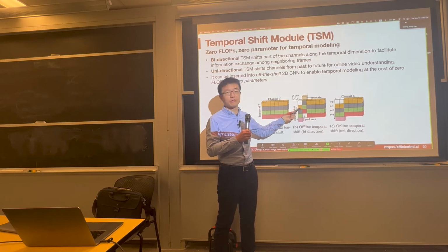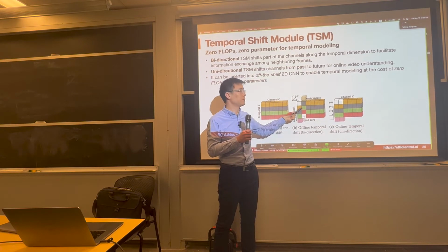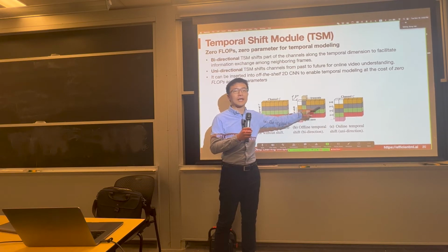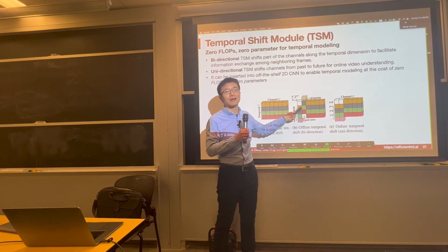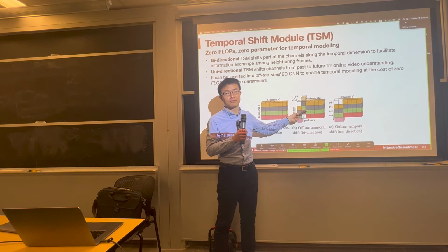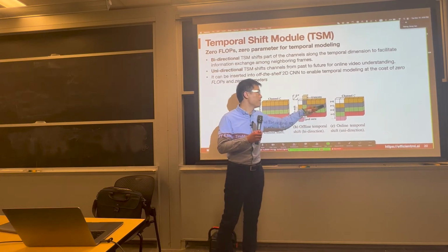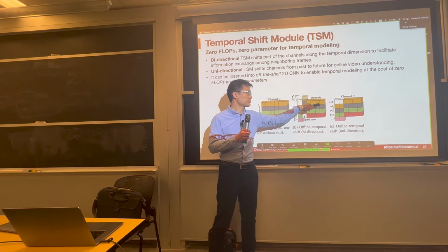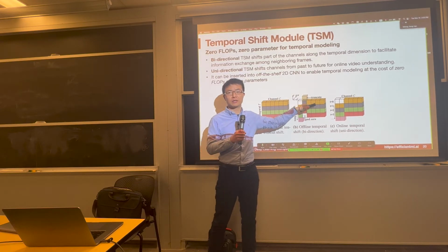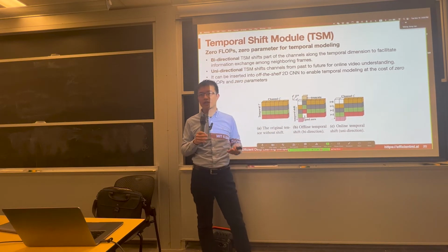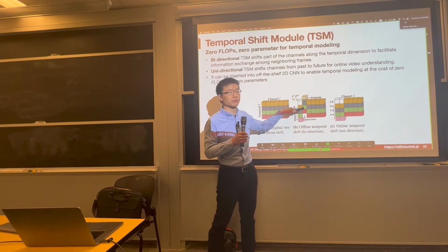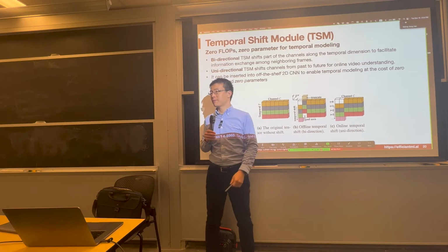Now T2 has information from both. This is from T1, and this is coming from T3, right? So T2 now has both T1 and T3's information. We can run convolution on top of this tensor, which effectively combines partial information from the previous frame and the next frame.